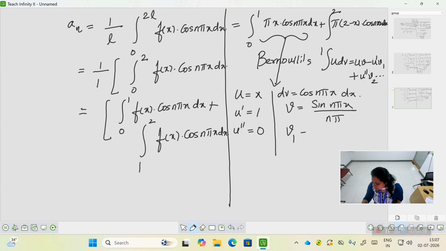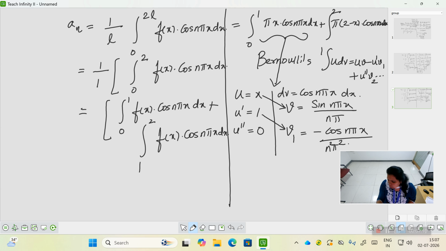V1 is minus cos n pi x by n square pi square; you have to keep on multiplying the term in the denominator. So this is what the tree looks like, you will get uv like this, keep on moving. Similarly, we can calculate for the next one also. u is 2 minus x, dv is cos n pi x dx.